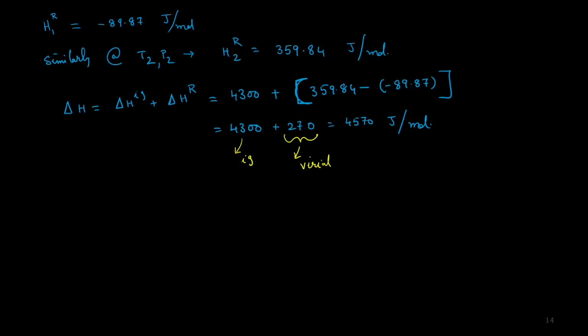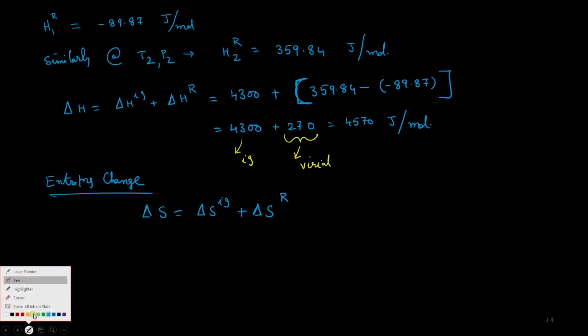I can run through a similar calculation for the entropy change, right? And in fact, all the other thermodynamic quantities. Delta S is going to be delta S for the ideal gas plus delta S in the residual property.